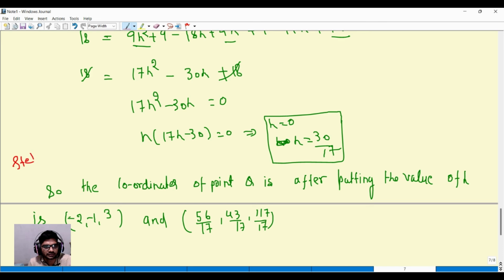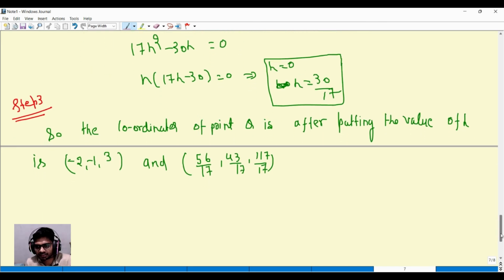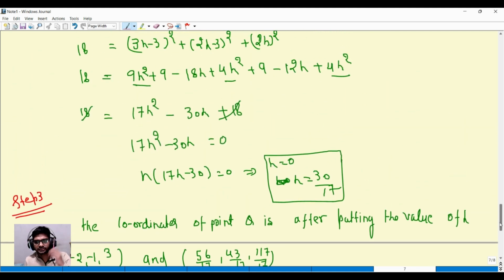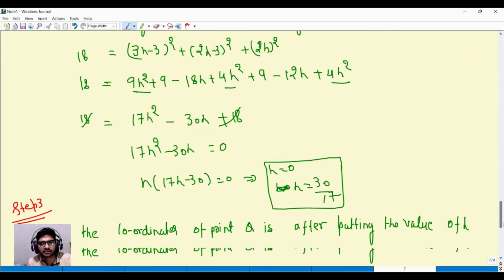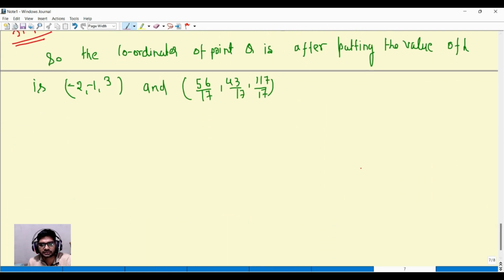So by choosing three steps, we find the point on a line with the help of a given distance.